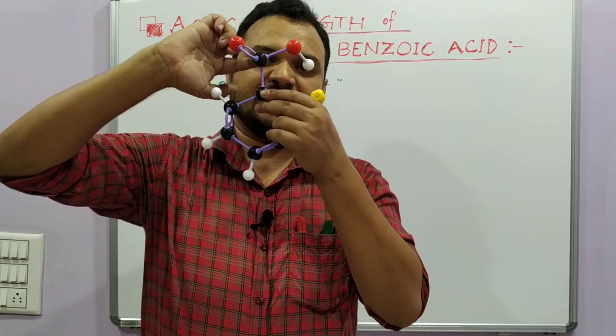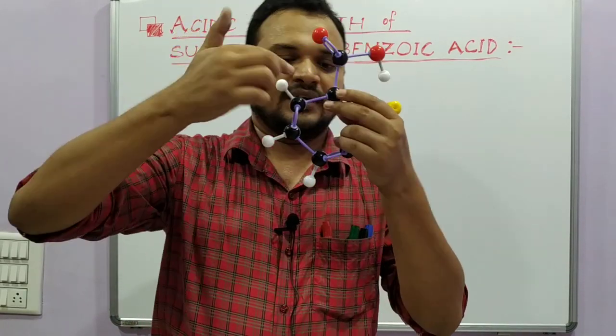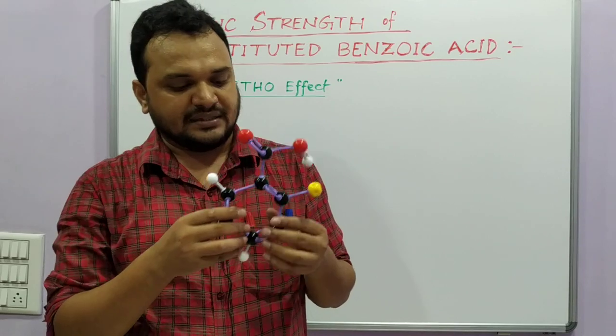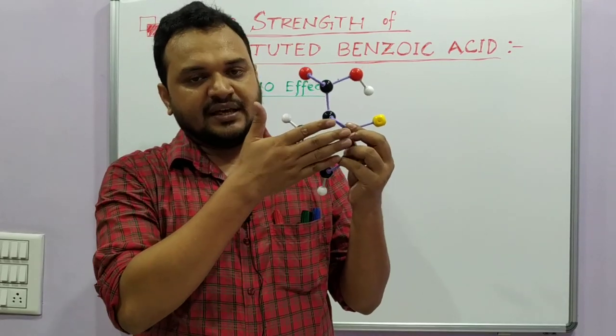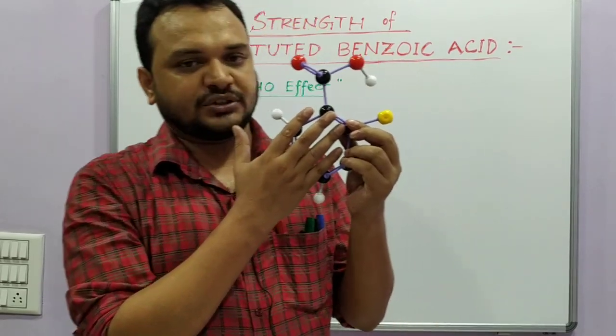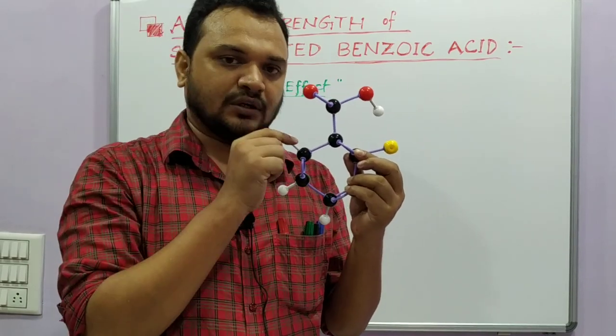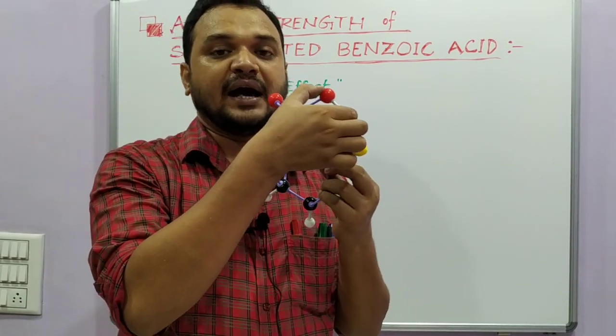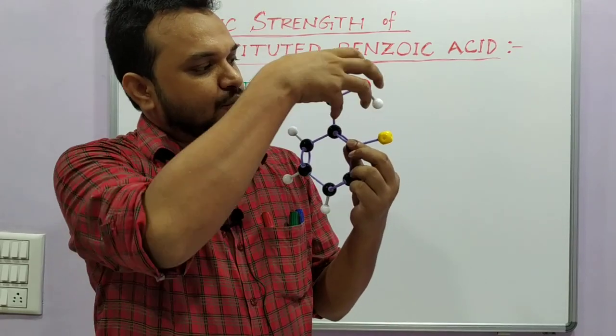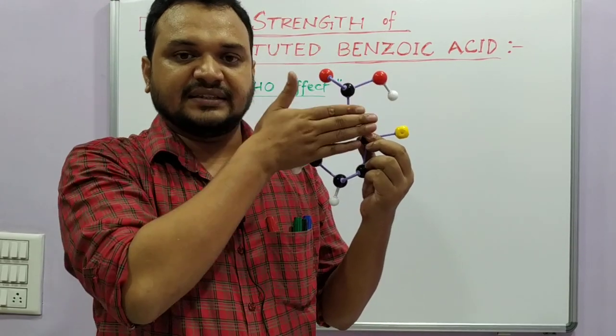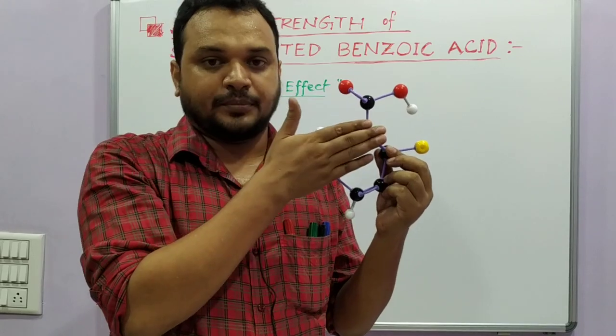Since the planarity of COOH is disturbed, the resonance is also disturbed. That means this ring cannot effectively push electron density to the COOH group. And what is the consequence? This OH group will become highly polar, because it was withdrawing electron density and that is somehow stopped.